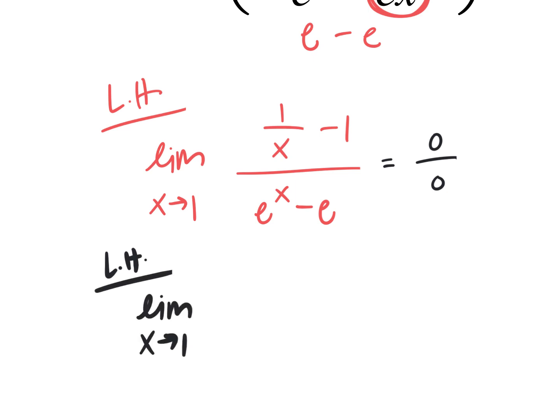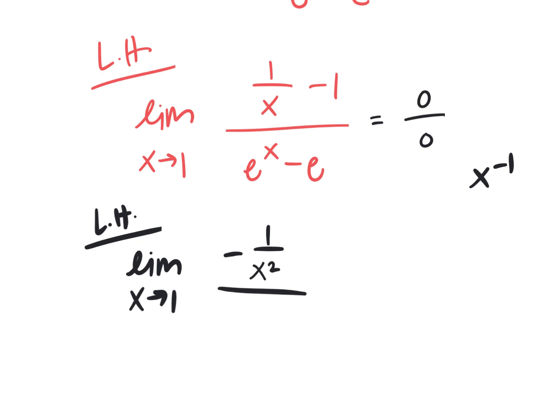Limit as x approaches 1. What's the derivative of 1 over x? Pretend it's the same as x to the negative 1, right? So move that down, subtract 1. So it's negative 1 over x squared, or negative x to the negative second power. And then that minus 1 goes away. In the denominator, I'm left with the derivative of e to the x, which is e to the x.